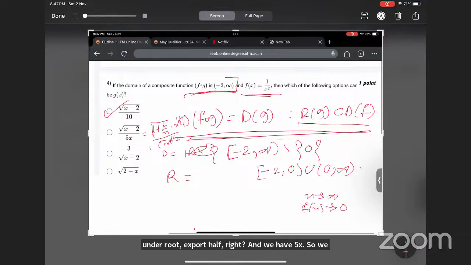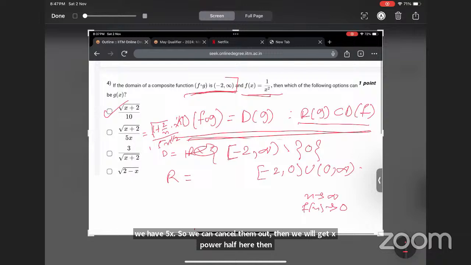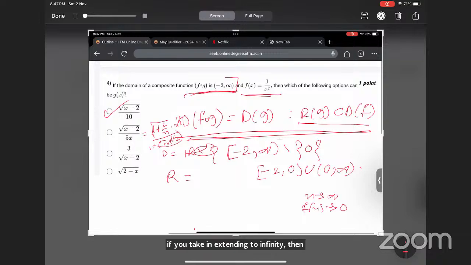Then if you take extending to infinity, then we will get this function tending to 0, right? And if extending to 0, then this function will be tending to infinity, right? Are you getting my point?